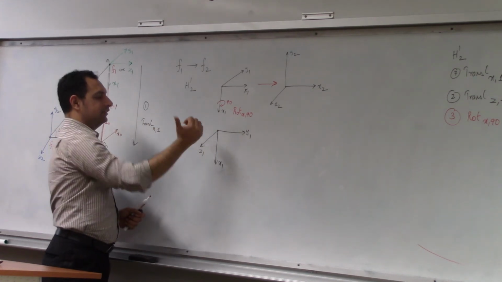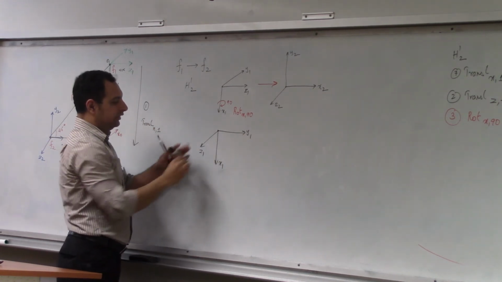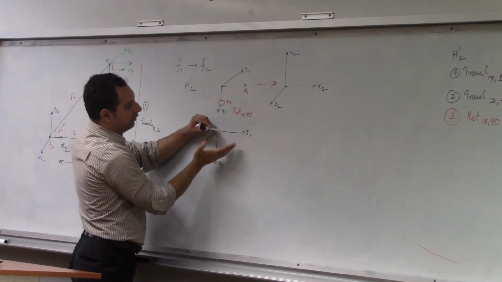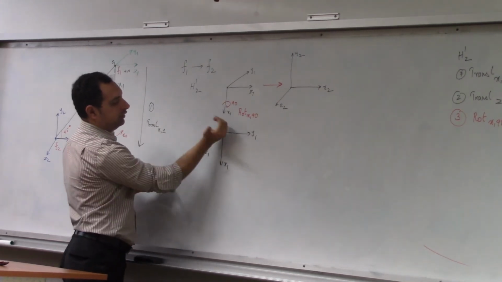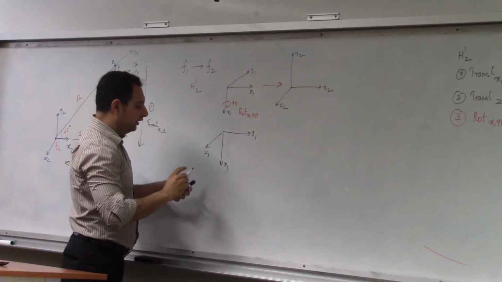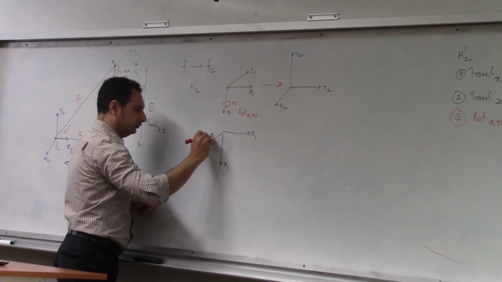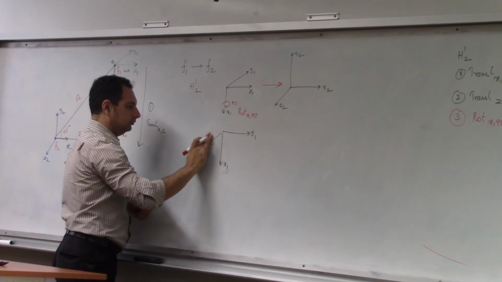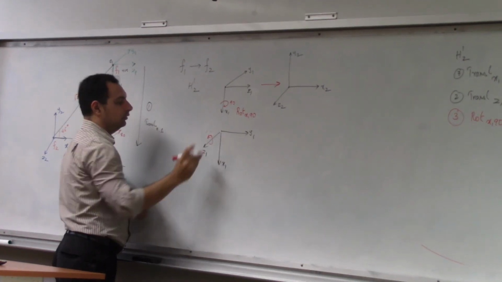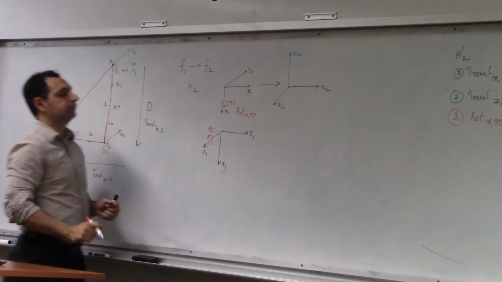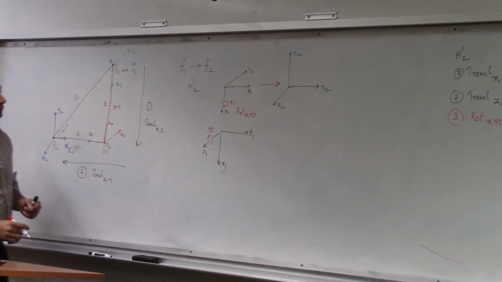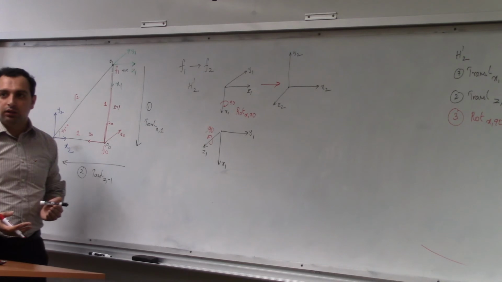I'm rotating it like this. Z is outside the board like this, right? So if I rotate, I want to move Y upwards. So I'll have to go in the positive direction of Y. I'm moving it upwards, so 90. So negative 90. Why is it negative 90? No, plus.